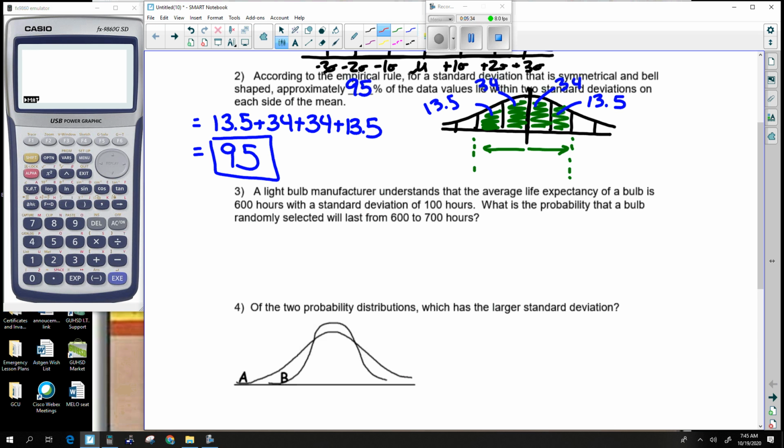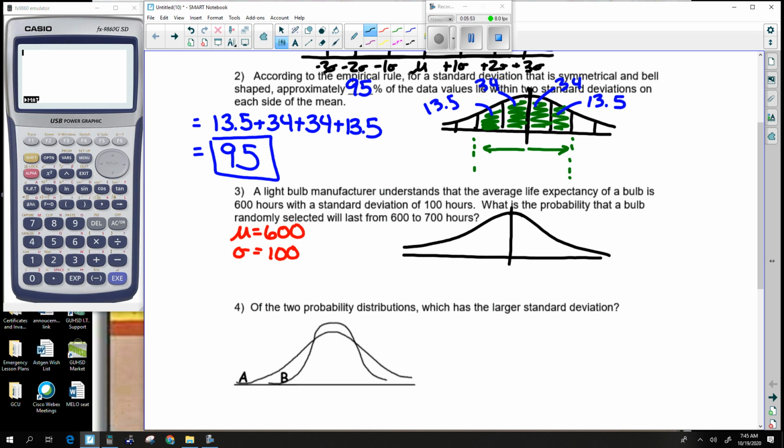All right, this next one, they say a light bulb has an average life expectancy of 600 hours with a standard deviation of 100 hours. So that would make the average 600 with the standard deviation being 100.